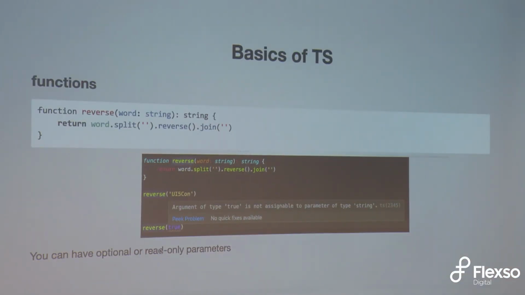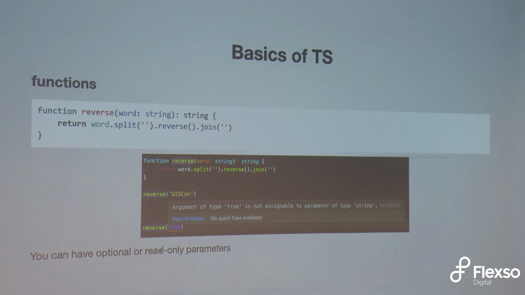So, functions. In TypeScript, you may think that you have to write classes and do everything in classes, because TypeScript is an object-oriented programming language. But that's not true. You can, of course, use functions in your TypeScript applications. And here I defined a TypeScript function that's called reverse.